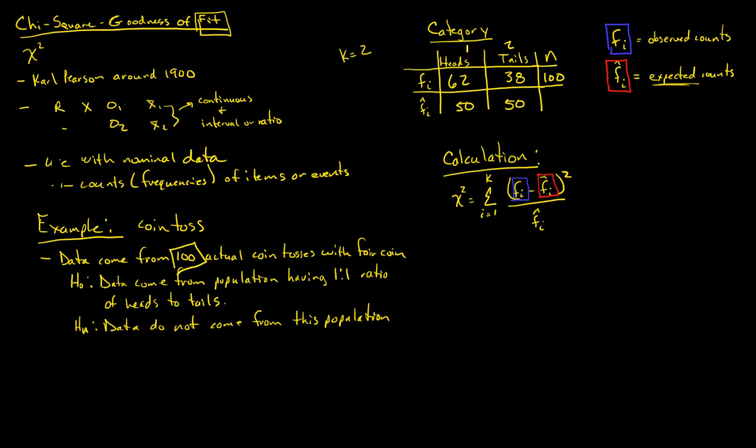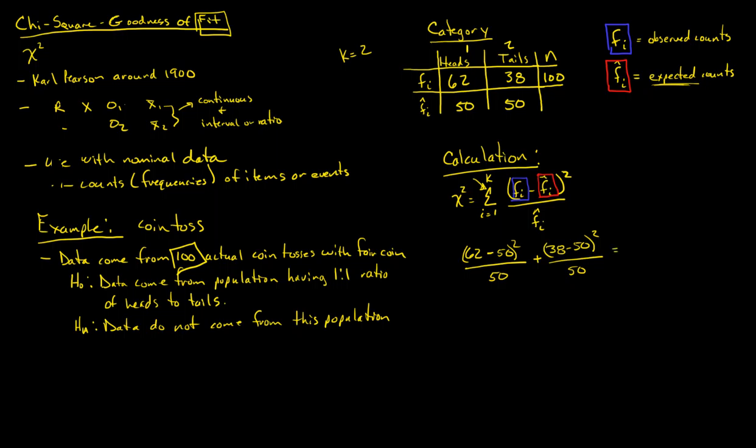So what does this mean for us? We want to take 62, which was our observed for heads, minus what we expected for heads, which was 50, square it, divide it by expected, which was 50, and then to that sum, because we have to do this sum function here, 38 minus 50 squared divided by 50.